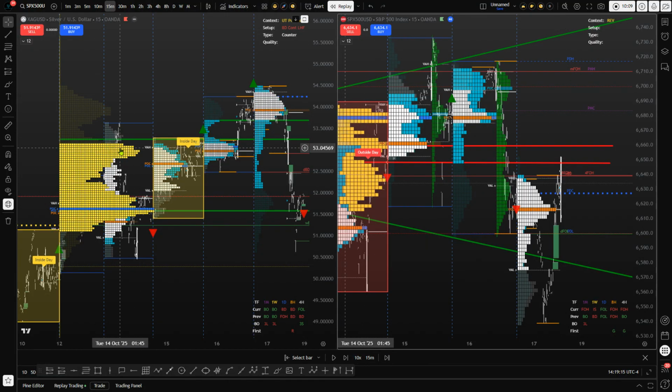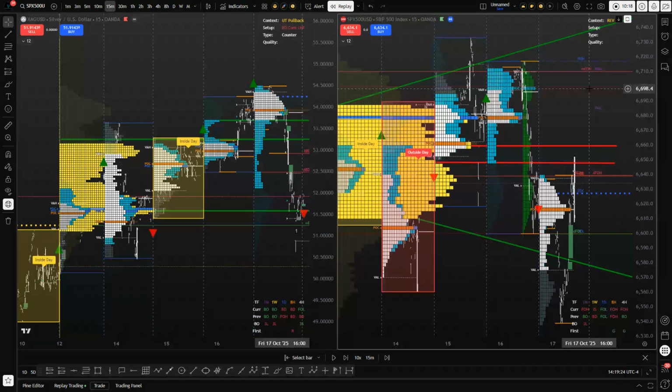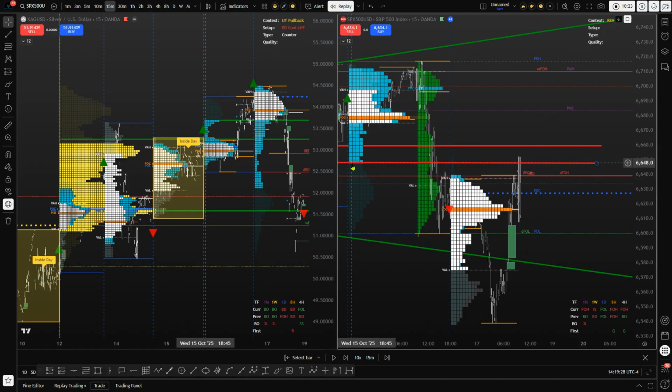So which of the two profiles is more attractive? The situation in silver is far more compelling than it is with the S&P, as an example. And if we break it down even further, we've got the value area low from the prior day's resistance.